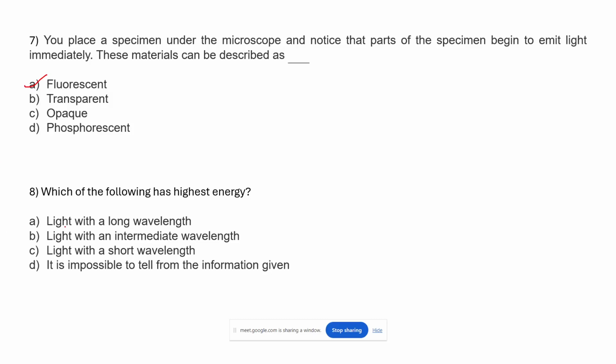So the first option is light with a longer wavelength, which will have lower energy. Option B is light with an intermediate wavelength, which will also have intermediate energy. Light with a shorter wavelength will have the higher energy. And option D says it is impossible to tell from the information.